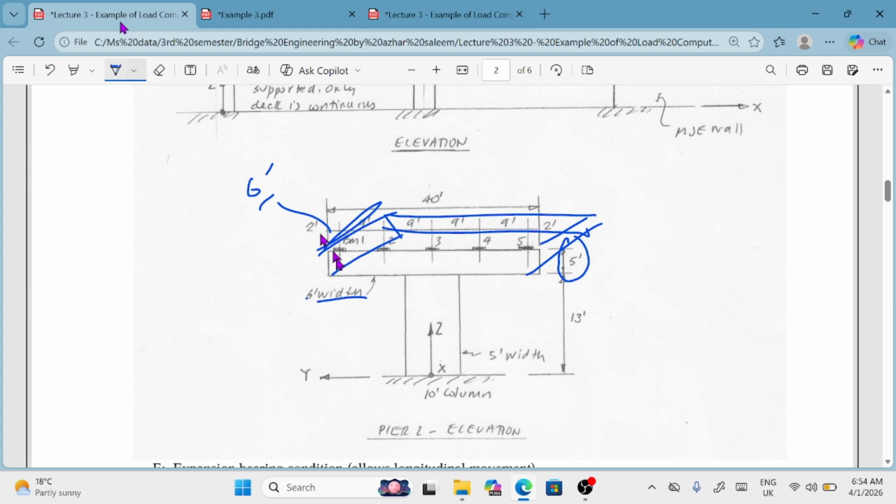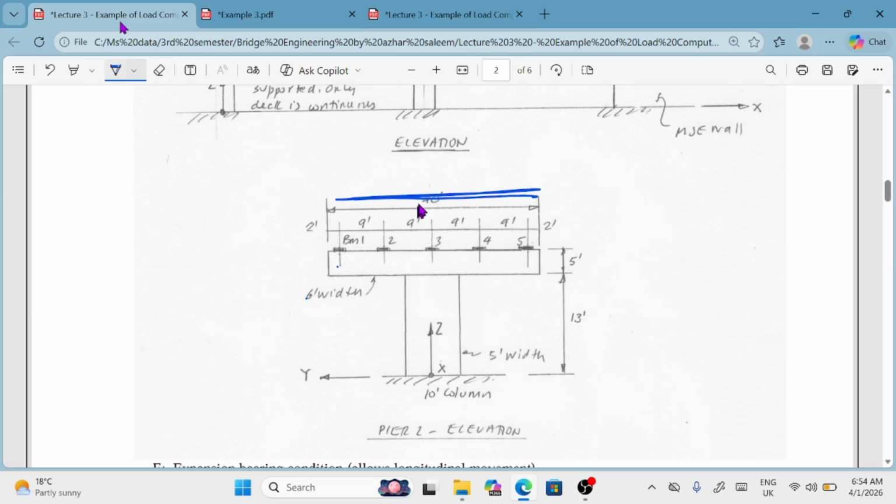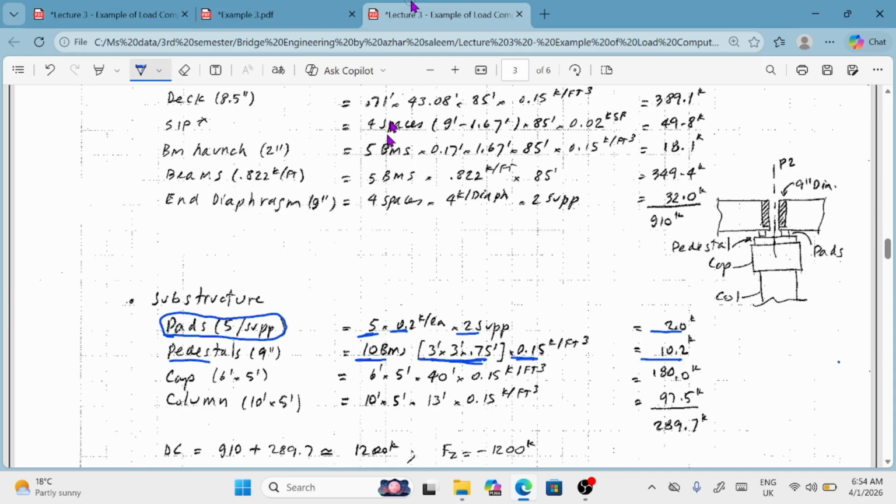So the pile cap is 6 feet by 5 feet by 40 feet. You can see here 40 feet. With the concrete unit weight, its weight on the pier is 180 kip.